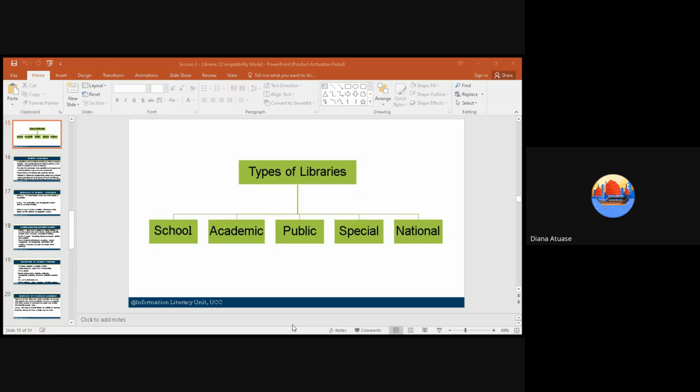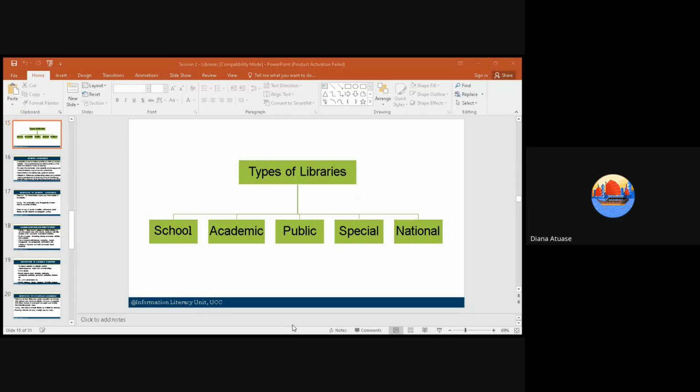So we want to continue today by looking at the types of libraries, the public library. So today we are looking at the public library, then the national library. Public libraries are libraries that are set up in our communities.